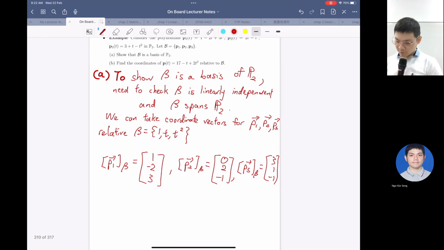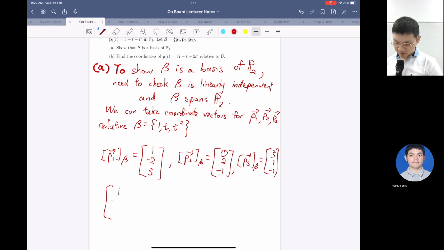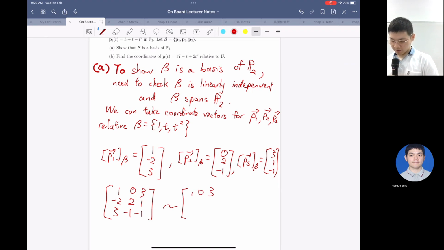So what we can do is row reduce this matrix. Let's do some quick mental calculation, you help me to check. It's 5, and now 7. 3 minus 1 minus 1 minus 9 minus 10.